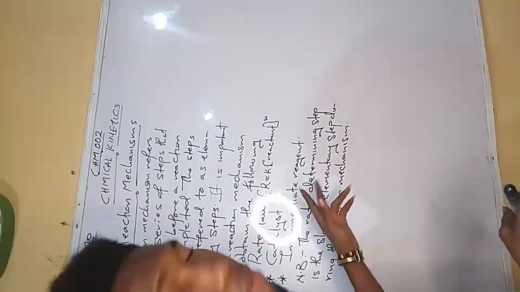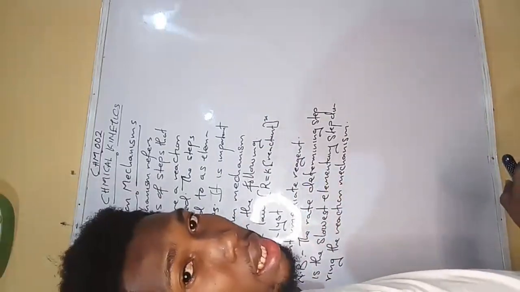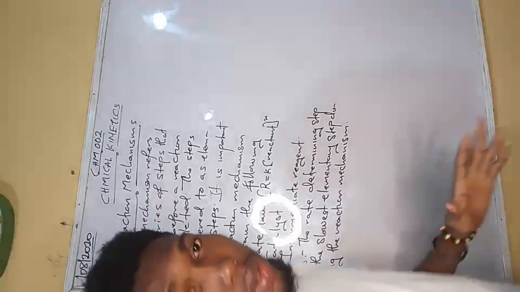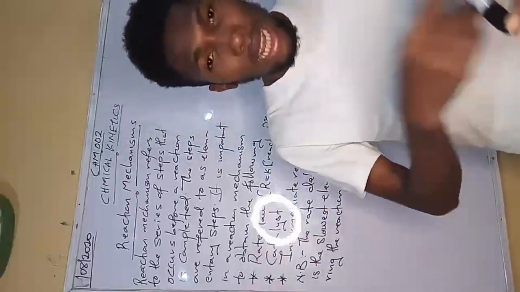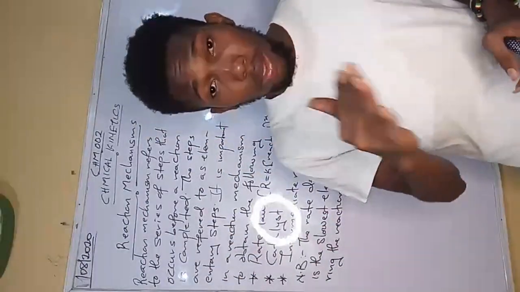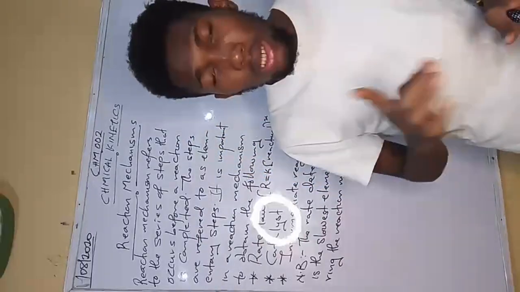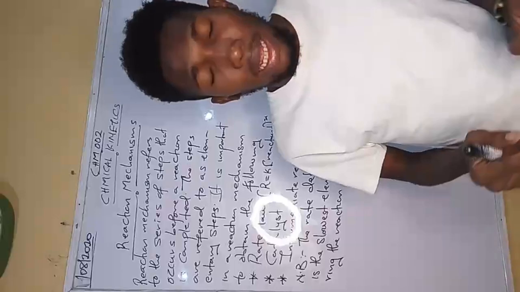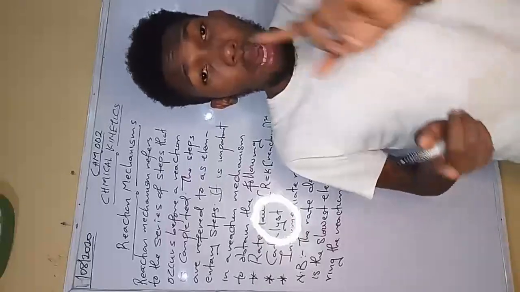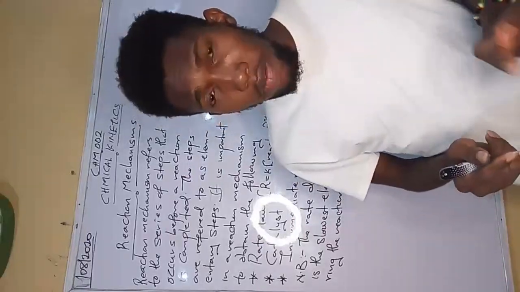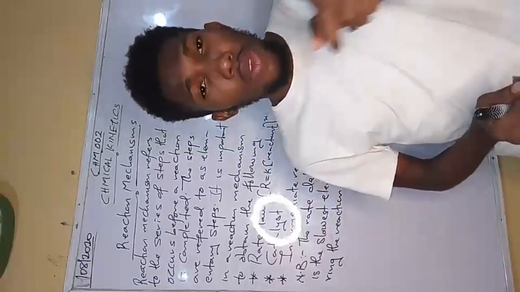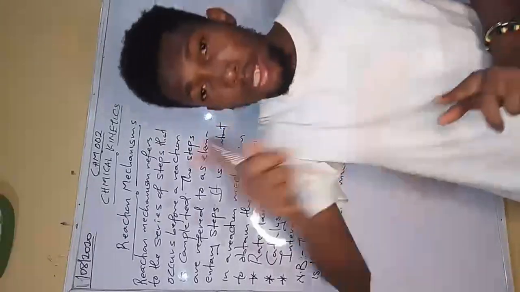Now, how can we differentiate between our catalyst and our intermediary? Now, write it down. During the reaction mechanism, your catalyst and your intermediary will get cancelled out. But the difference between both of them is that the catalyst first of all appears in your reactant, then finally appears in the product.